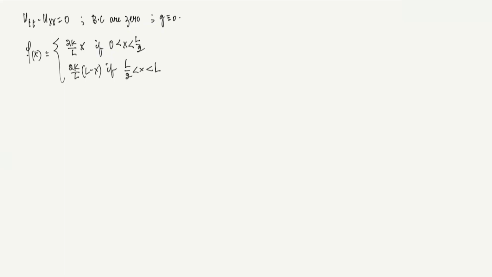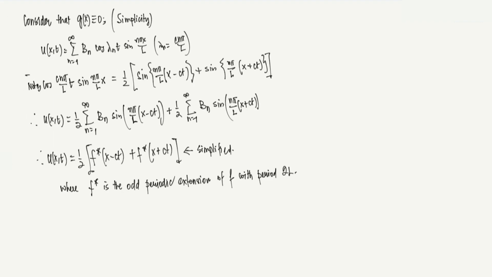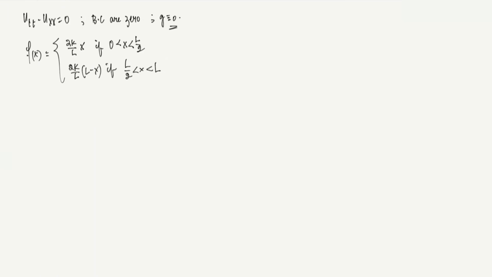If g is identically equal to 0, B n star is going to be 0, so u will look like this. If you put all of this together, I will just write down the answer. I just want you to check this part.